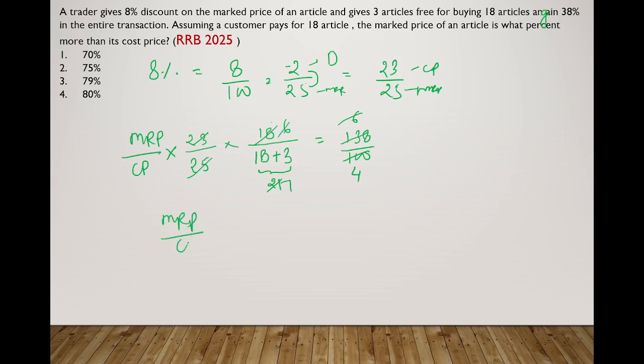So MRP by CP equals 7 by 4. We need to find out the marked price of an article is what percentage of CP, meaning MRP minus CP divided by CP in percentage. So MRP minus CP is 3 by 4 into 100. So this is 75%.